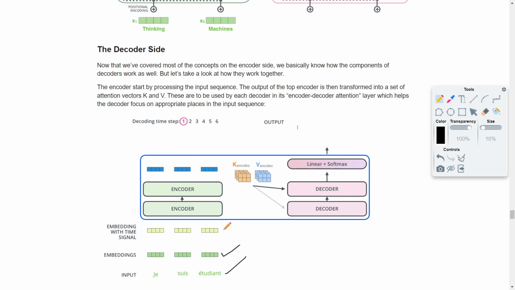Then I added time signals to the embeddings and passed those to the encoder block. From the output of one encoder, I passed those outputs to the second encoder block. From this, I generated some output, and that output I passed to decoder one and then to decoder two. Finally, those were passed to the linear and softmax layer to give us the output one by one.